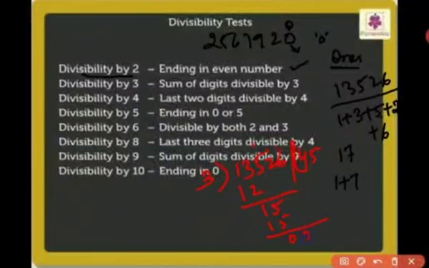Since I'm taking two numbers down, I'll put 0 here. Then 3 7s are 21, 3 8s are 24, and your remainder is 2. So the remainder is not 0. That is why you'll say that this number is not divisible by 3. This is how we verified.